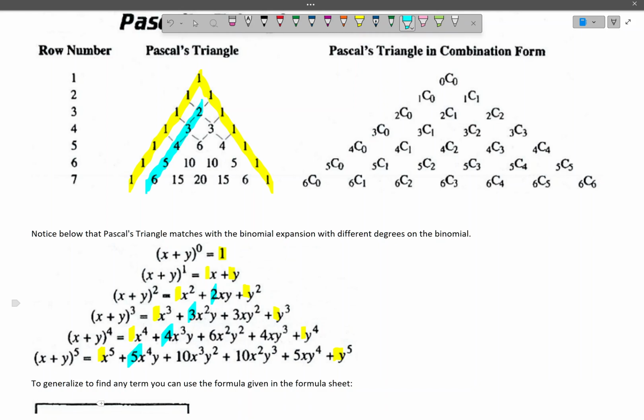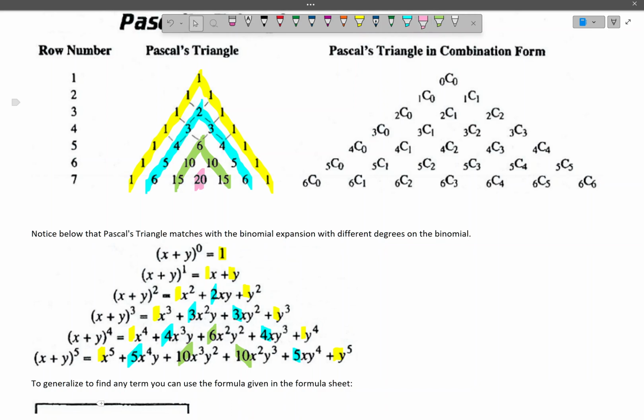Now we don't go down to 6 here, but you get the idea. 6, 10, 15. 6, 10. That's it, right? So you can see, hopefully, how these numbers are matching with binomial theorem.